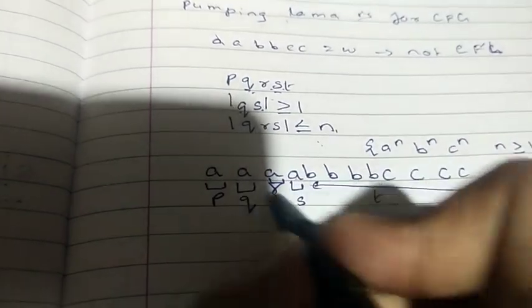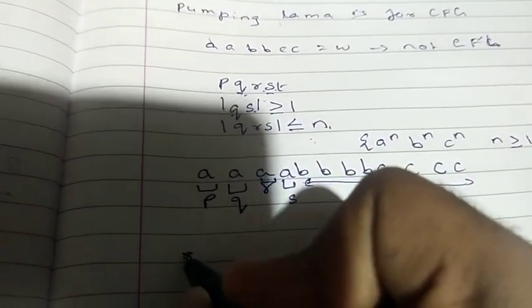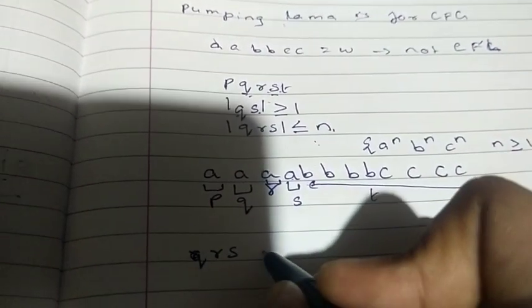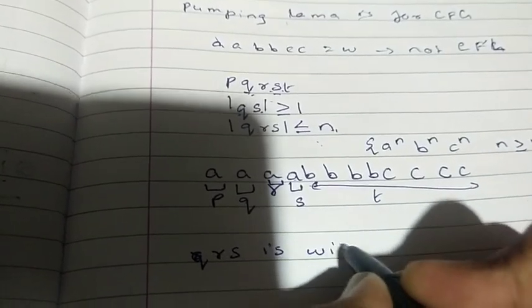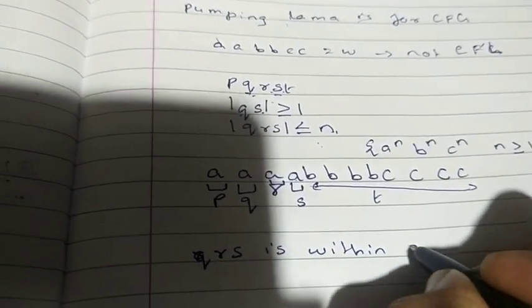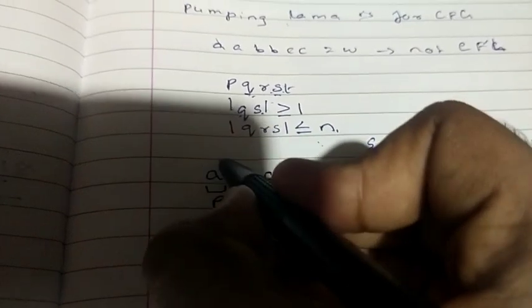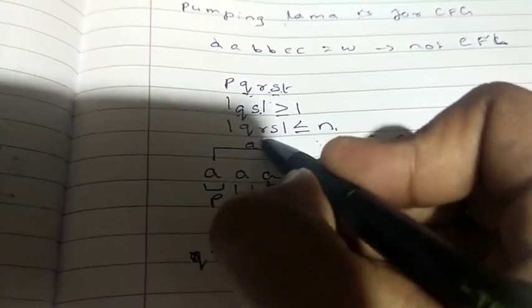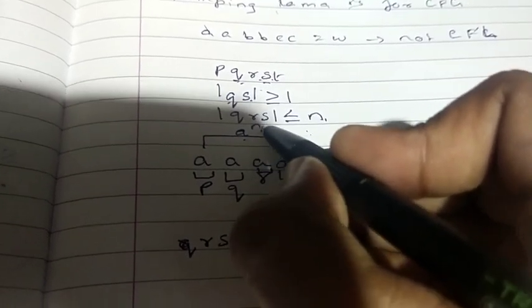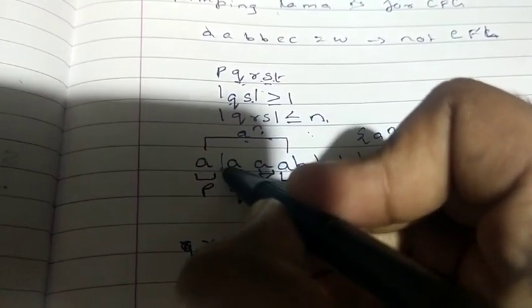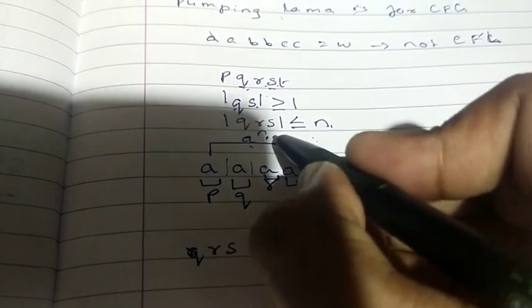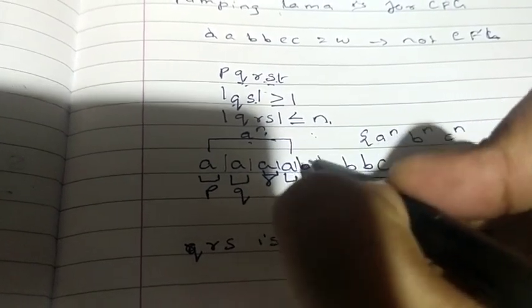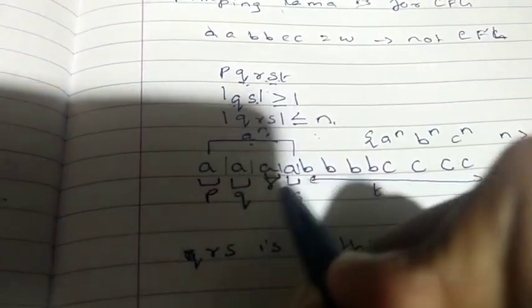So here QRS is within A^n, correct? This whole part belongs to A^n. If it was A1, then only this part would exist, A2, this part, A3, this part, A4, then this part. So QRS is within A^n.